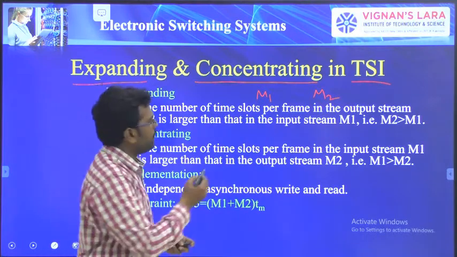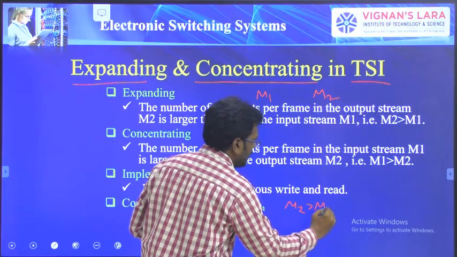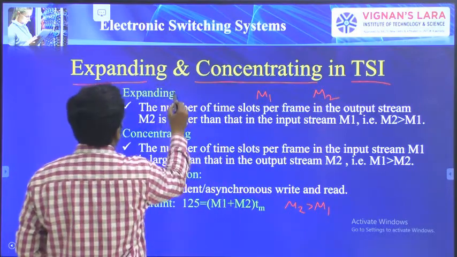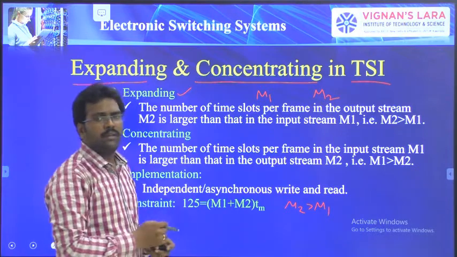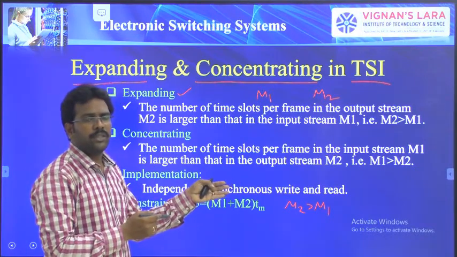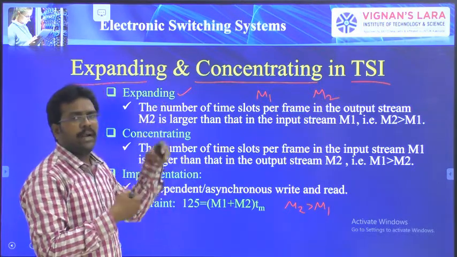If M2 is greater than M1, then you can say that it is in an expanding mode. The number of time slots M2 on the outlet side is more than on the inlet side.